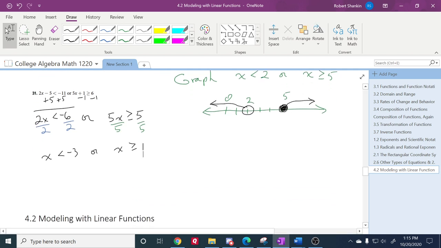Before I put it in interval notation, so there it is as an inequality. But I would graph it as well, just to add a little insight.